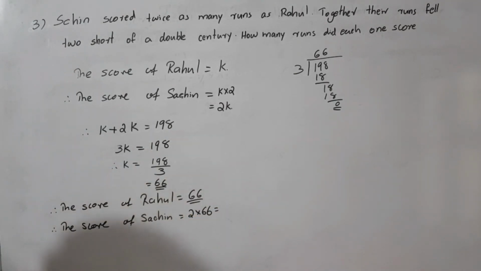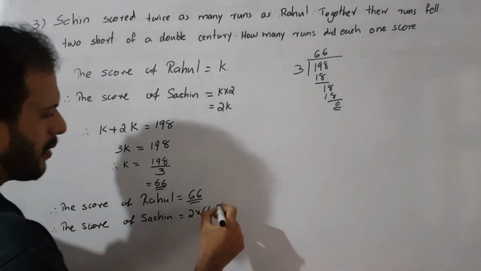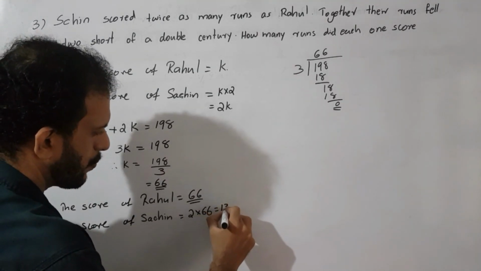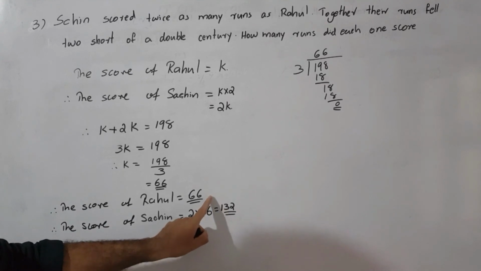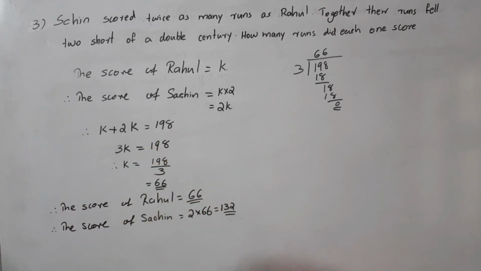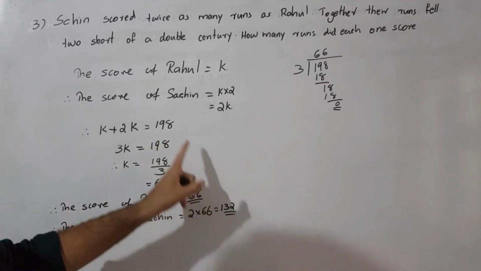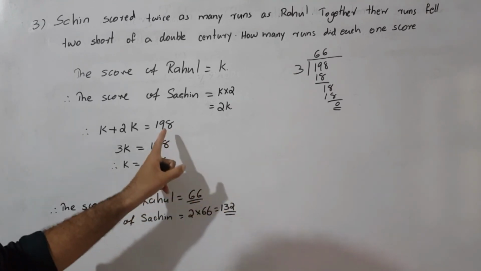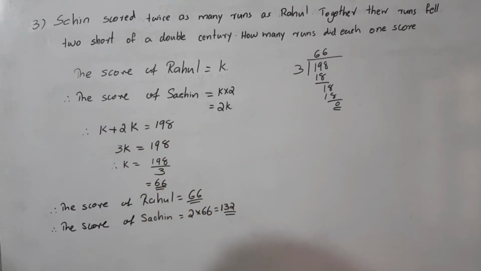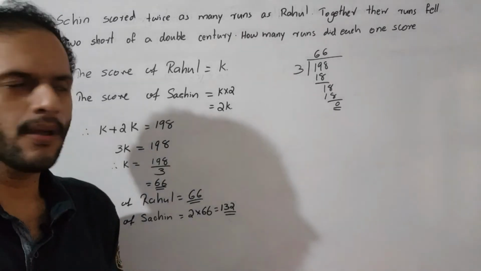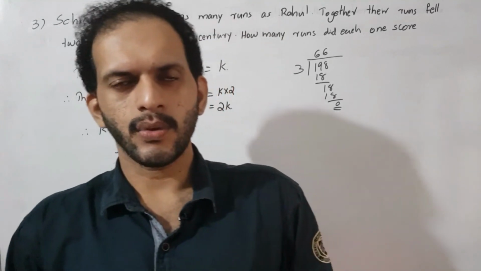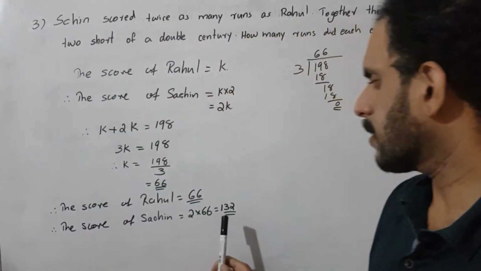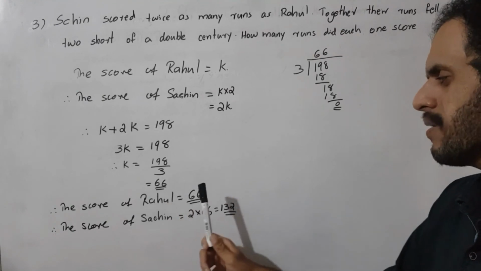What is 2 into 66? 132. Is 132 plus 66 equal to 198? Yes, 6 plus 2 is 8, 6 plus 3 is 9. Then 198. Correct? So the sum we get here is 198. So what is the score of Sachin? The score of Sachin is 132 and the score of Rahul is 66.